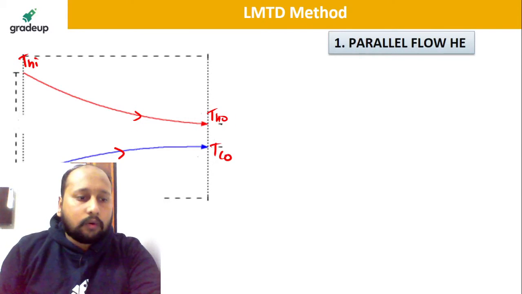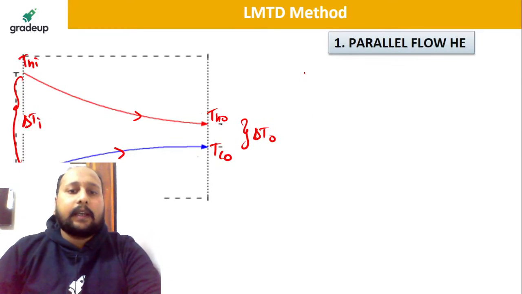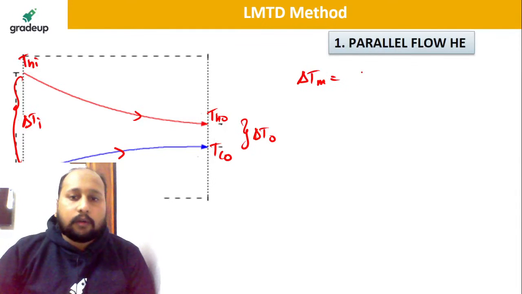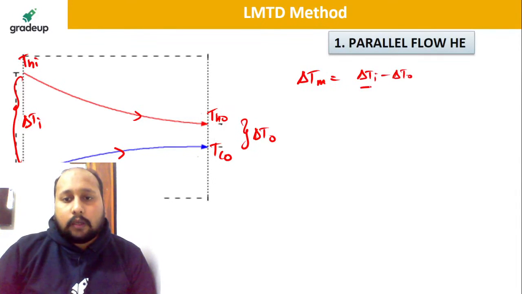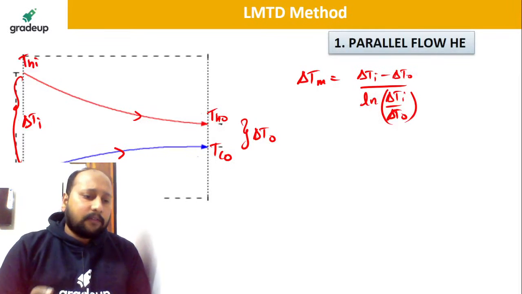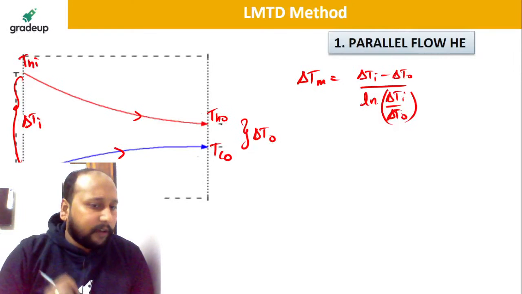This temperature difference I'm taking as delta To, and this temperature difference as delta Ti. So LMTD of parallel flow is equal to (delta Ti minus delta To) divided by ln(delta Ti by delta To). From this expression, we can calculate the LMTD for a parallel flow, and you can apply Q equal to U A delta Tm and get the value of heat transfer.